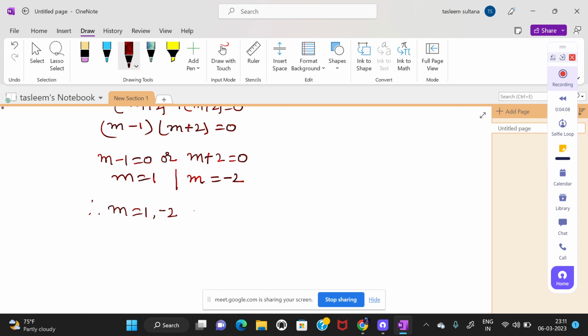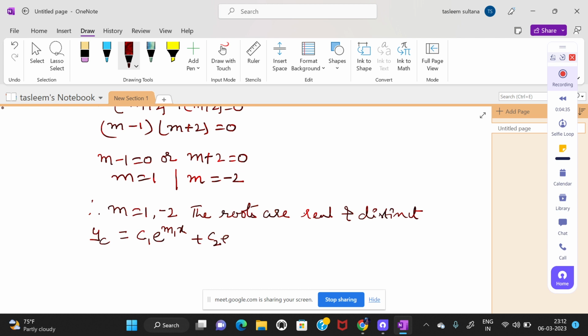So, the roots are, which roots are they? The roots are real and distinct, where your complementary function will be c1 e to the power of m1x plus c2 e to the power of m2x.